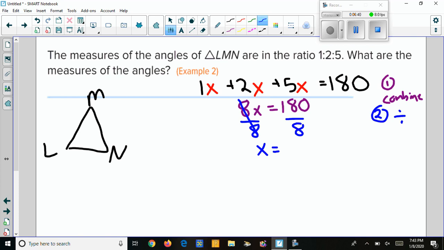Now, what's different than some of the ones I went over in class is this one is a decimal. I get 22.5. Now, that's not it. That just tells me what number I need to go back and multiply by.